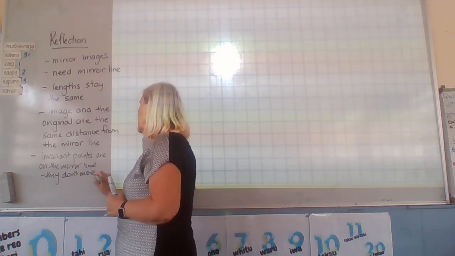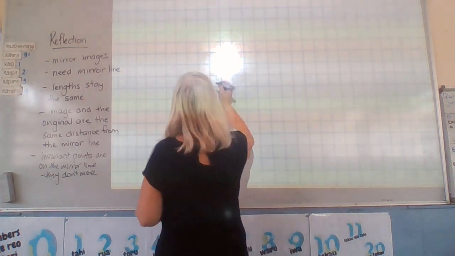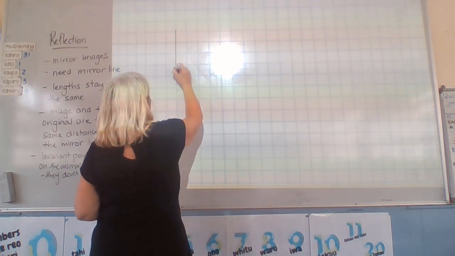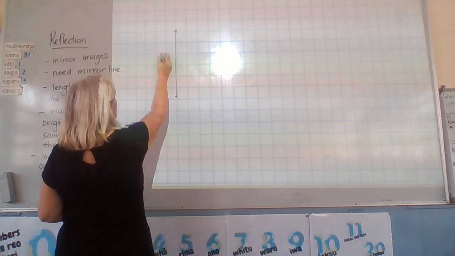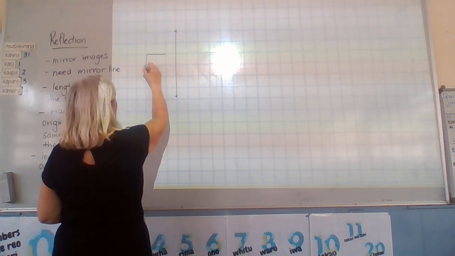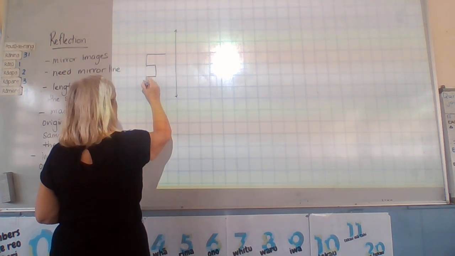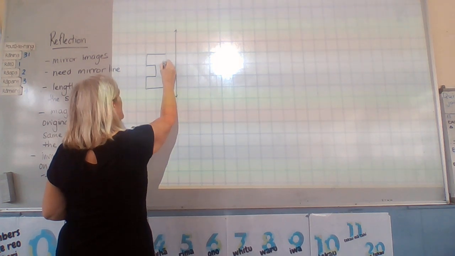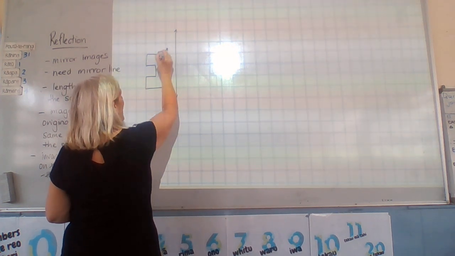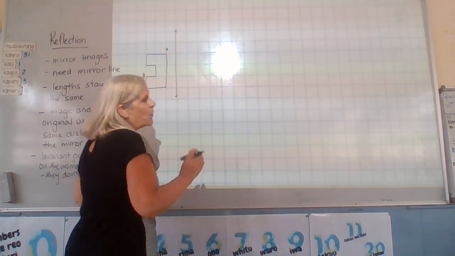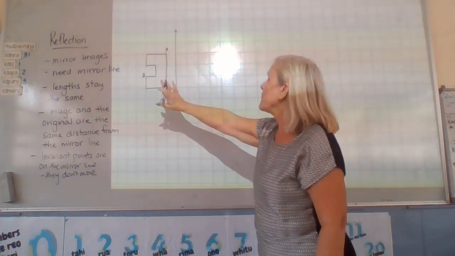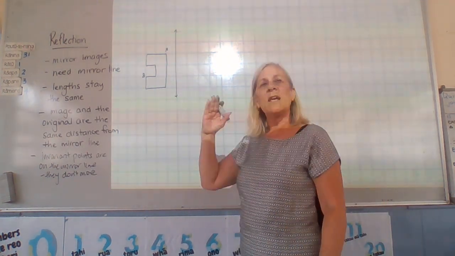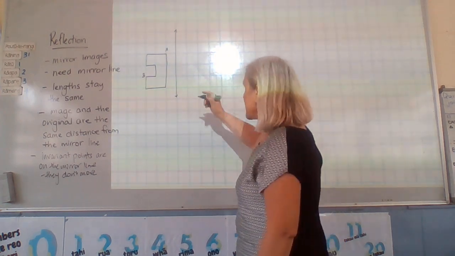Okay, so let's have a look at a nice basic easy one. If I say the mirror line is here, and I have a shape that's here that looks like a backwards C. Same rules as before, I need to have a couple of letters on it so I know that that's my original shape. I'm going to reflect it in the mirror line, so every point has to be the same distance away.